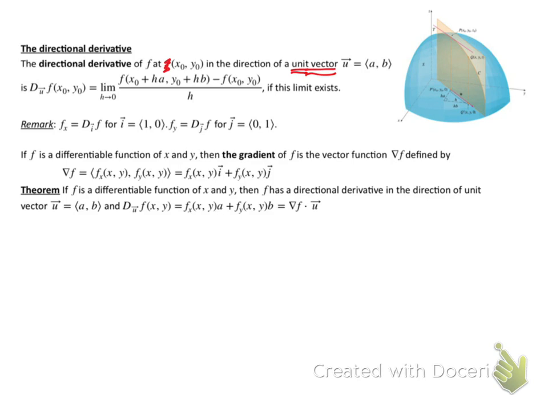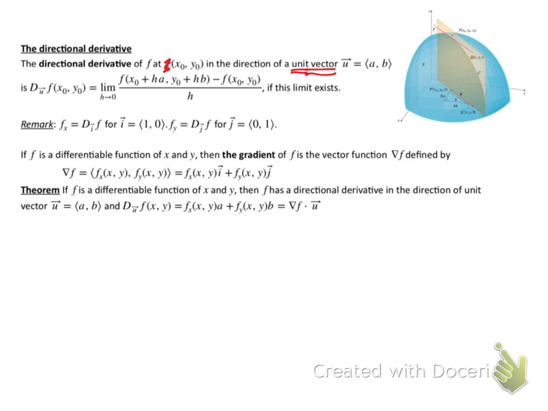At x0, y0 in the direction of the unit vector, what happens is, because you have two variables, the domain essentially is the whole plane. And when you move, you can change a little bit along the x-axis, you can change a little bit along the y-axis, or you can change a little bit along the vector they gave you. So you went that far, you went h on both a and b, two coordinates.